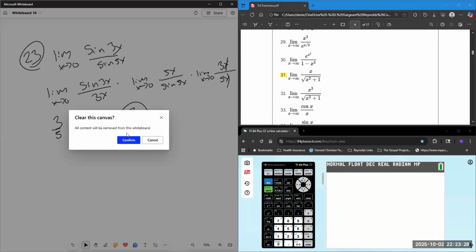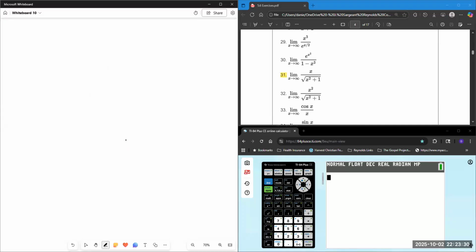31. Got a couple different ways that I can think about 31. So limit as x goes to infinity, x over root x squared plus 1. I'm going to think about it this way.